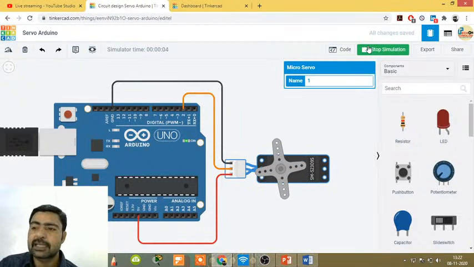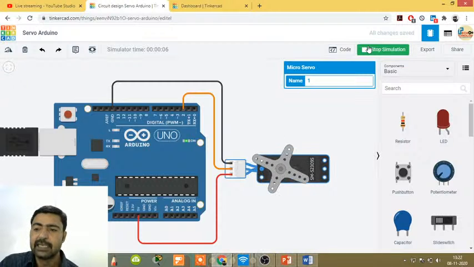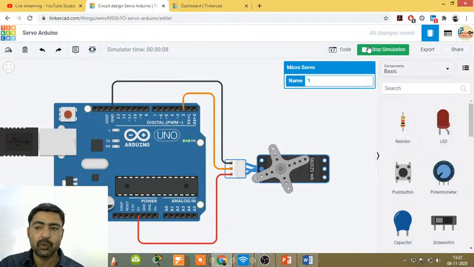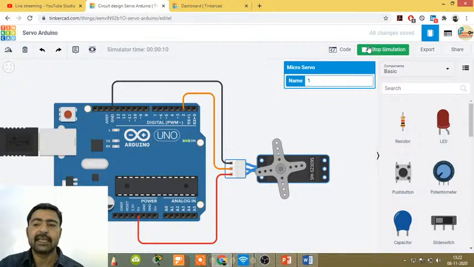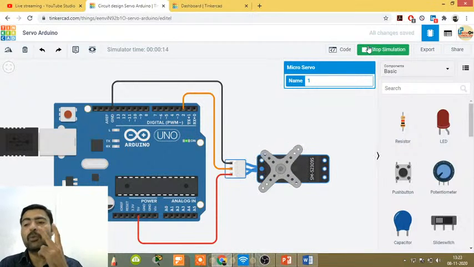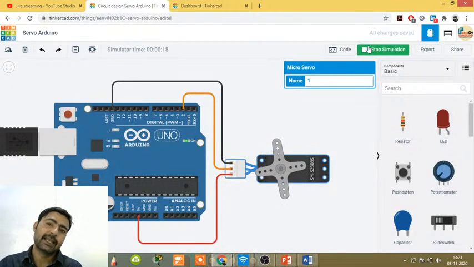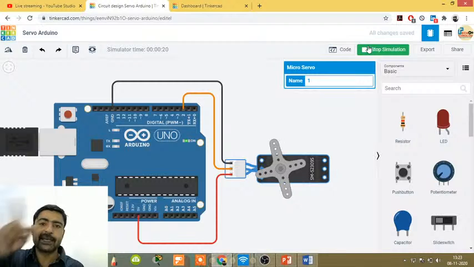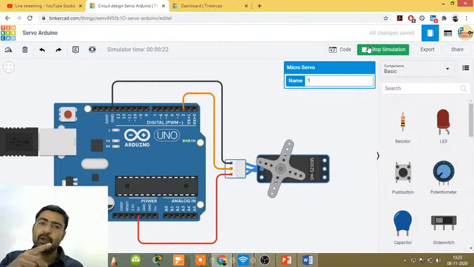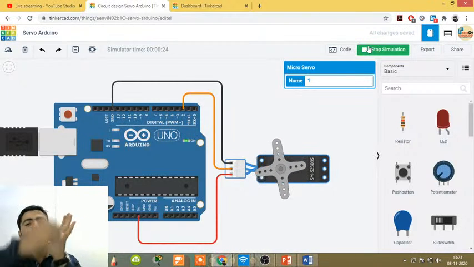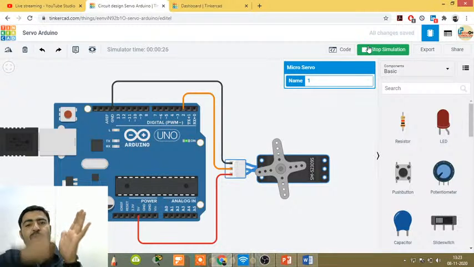As you are seeing on the screen, I am running a simulation. This motor is rotating from 0 to 360 degree, then again back to 0 degree. So this mini servo motor comes in two varieties. One operates from 0 to 180 degree, and there is another servo motor which rotates from 0 to 360 degree, then back to 0.